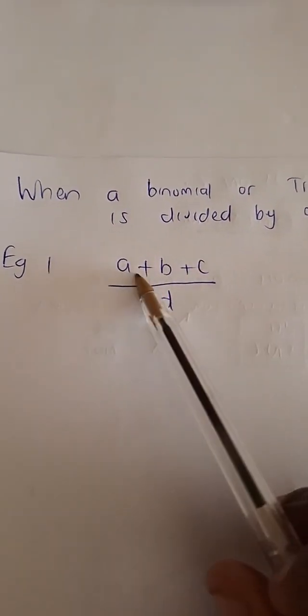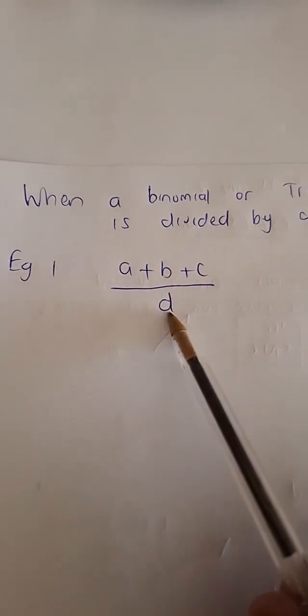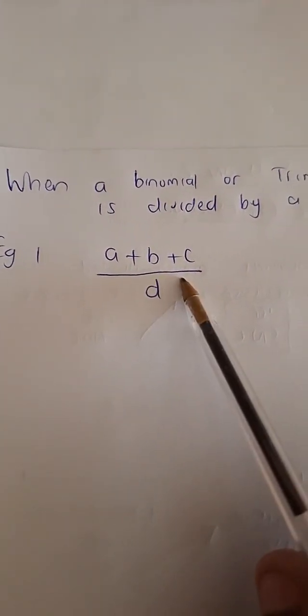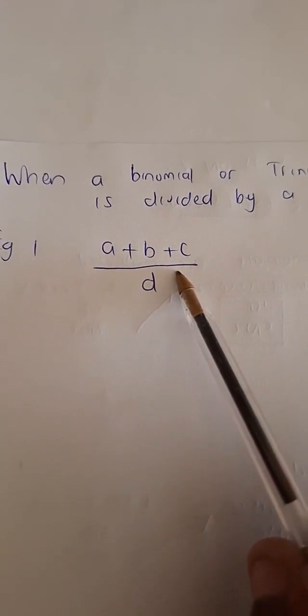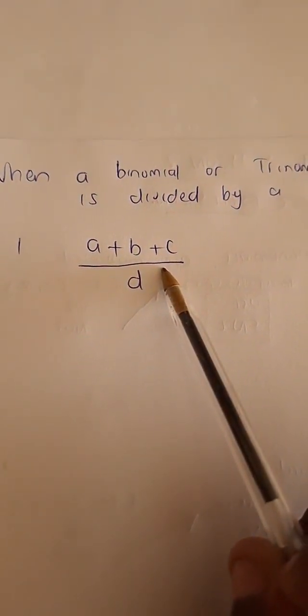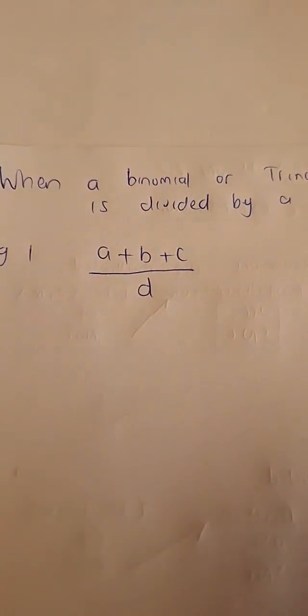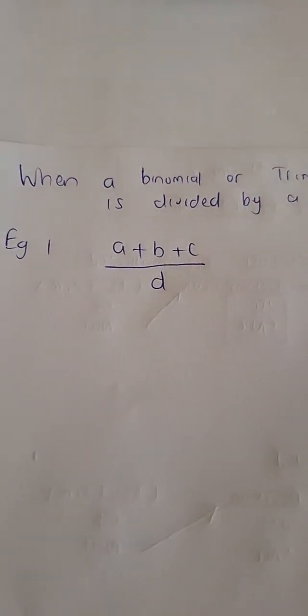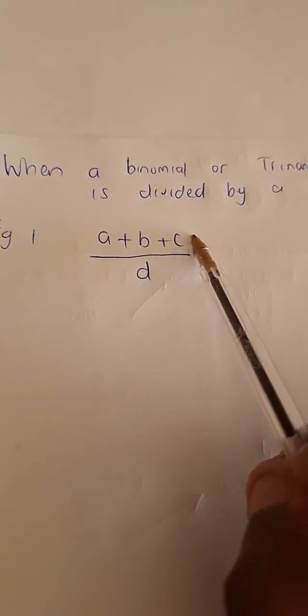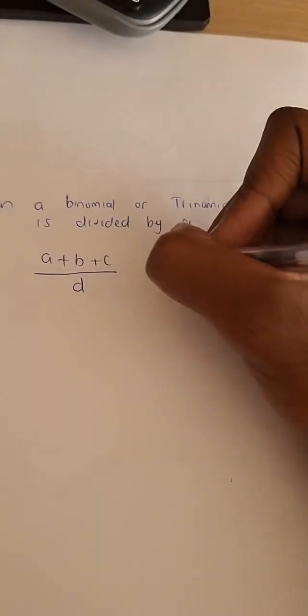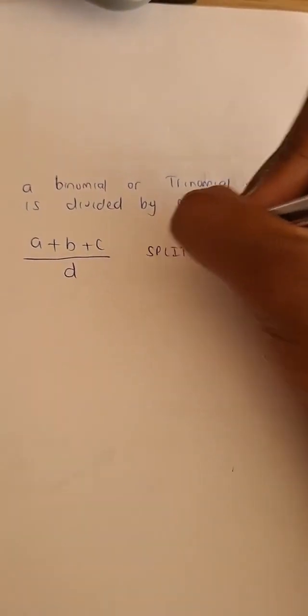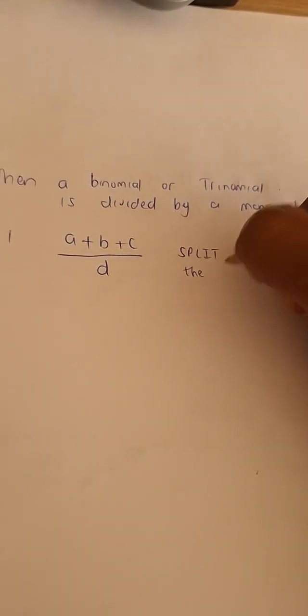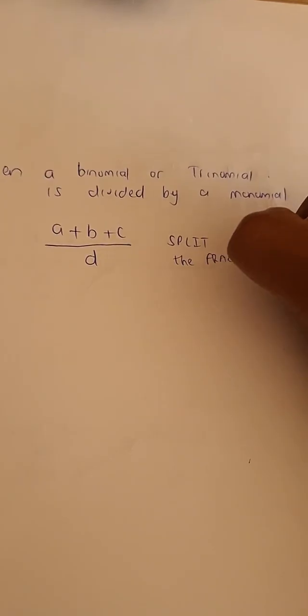At the top, there are 3 terms. At the bottom, there is 1 term. And something you learned in the previous grade is that when you have something like this, in grade 8, you were told to split the fraction.